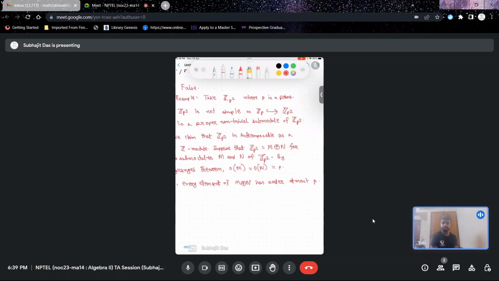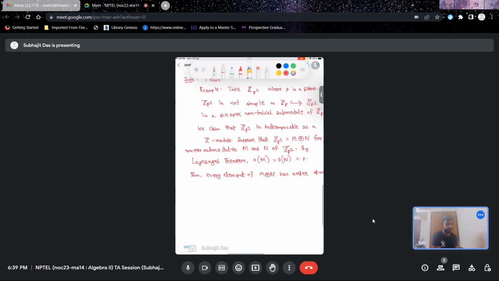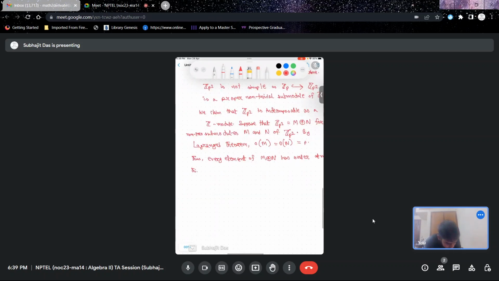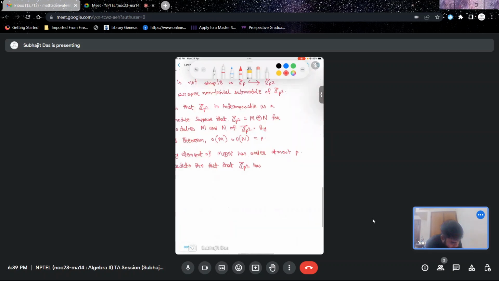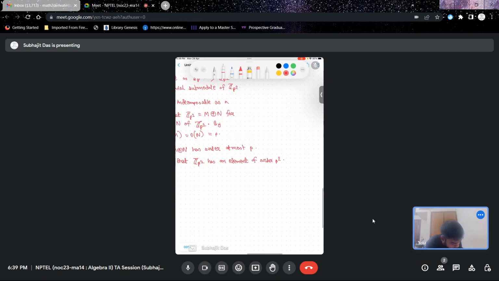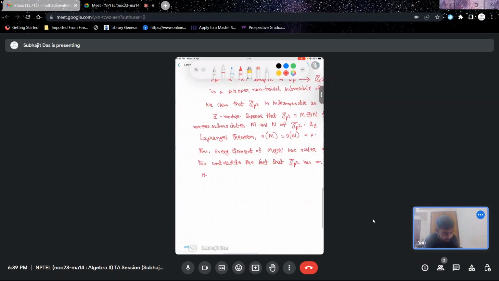But there is an element in Zp square which has order p square, which is a contradiction. This contradicts the fact that Zp square has an element that is a generator of order p square. Hence Zp square is indecomposable as a Z module.